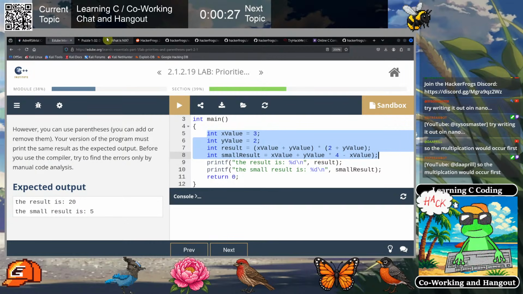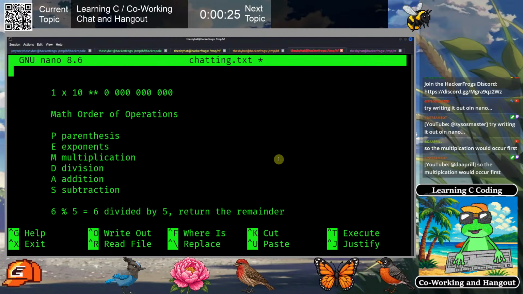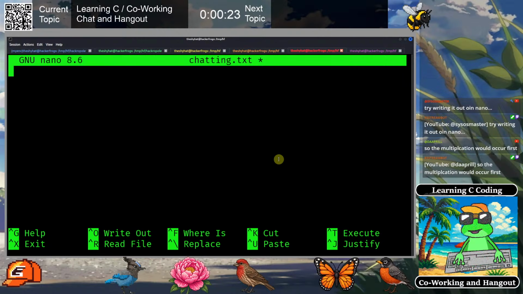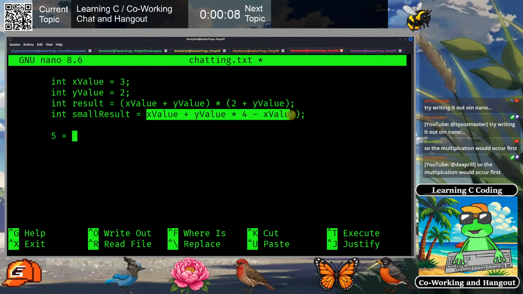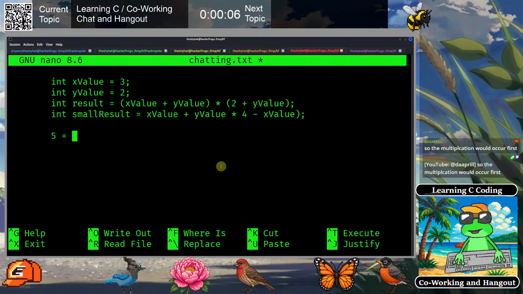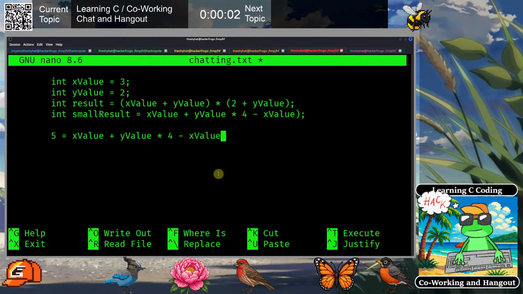Let's copy this. Okay, so we're trying to calculate small result. So a small result is 5. 5 equals x value plus y value times 4 times minus x value.